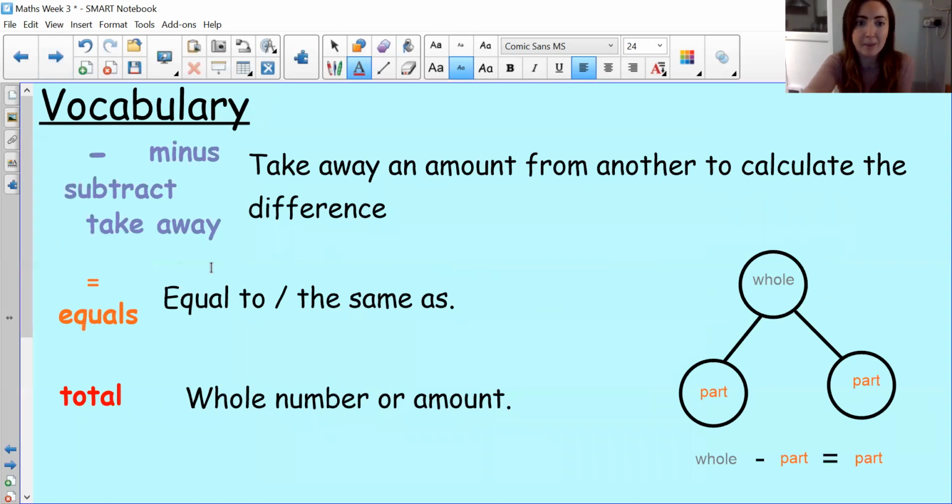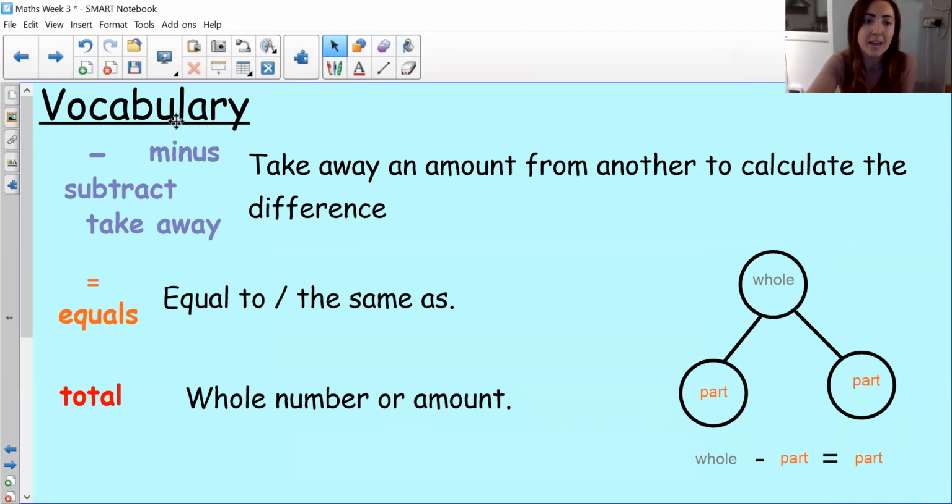And we have some new vocabulary, well, not new vocabulary, but different to what we have had for the last few days as we're moving on to subtraction. So here are all the words that mean minus or subtract or take away, as well as our symbol for subtraction. Can you show me our take away or subtract symbol? Good. And that means to take away an amount from another to calculate the difference.